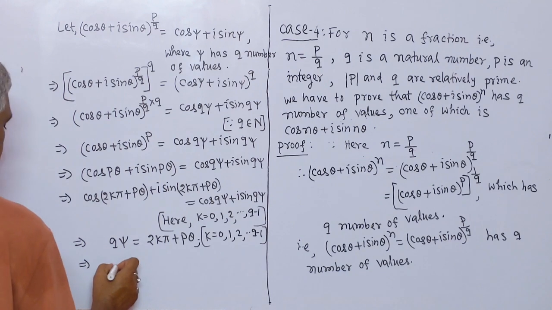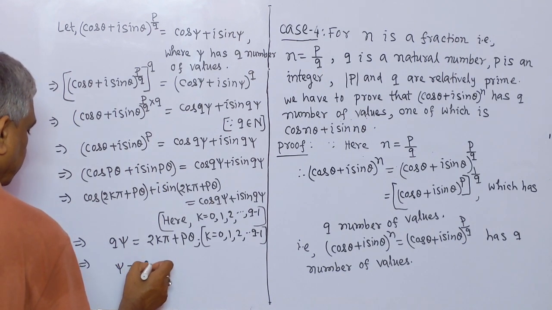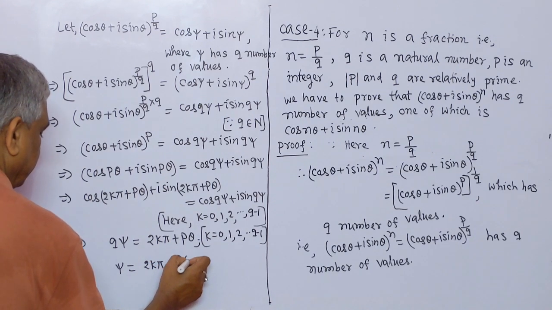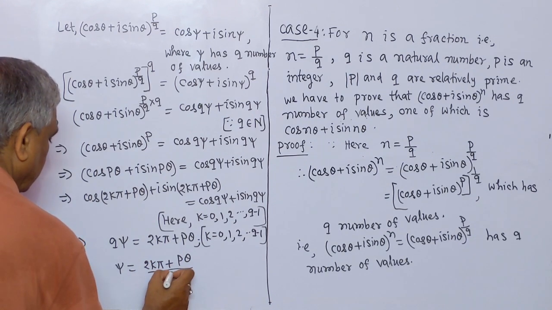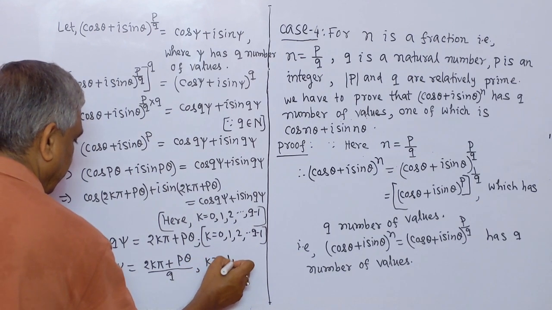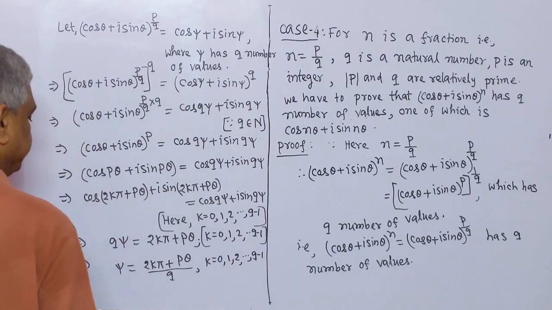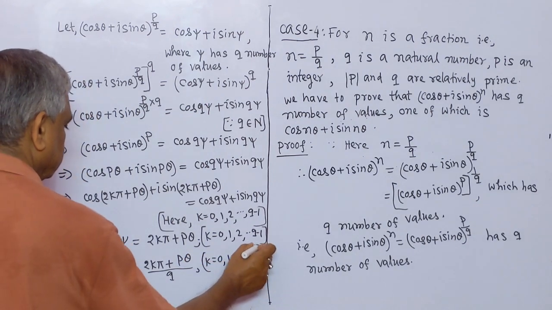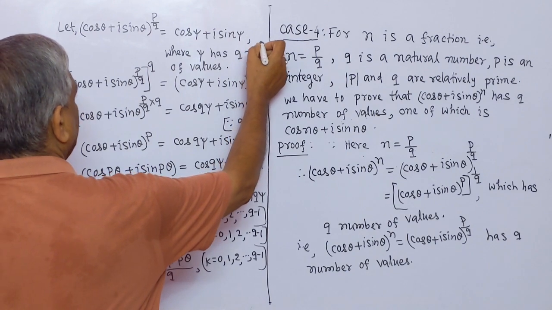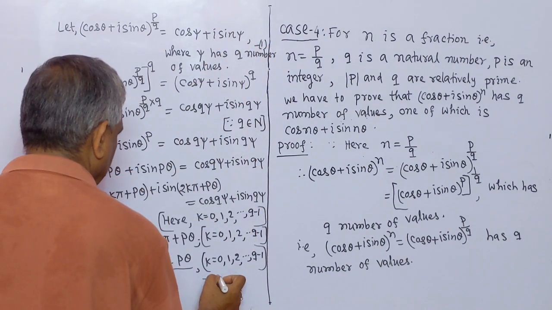This implies that psi equals (2k pi plus p theta) by q, k equal to 0, 1, 2, up to q minus 1. Let this be number 1, and this be number 2.